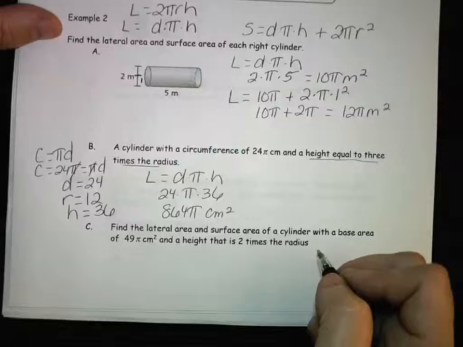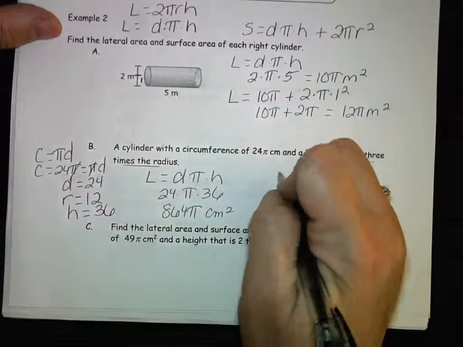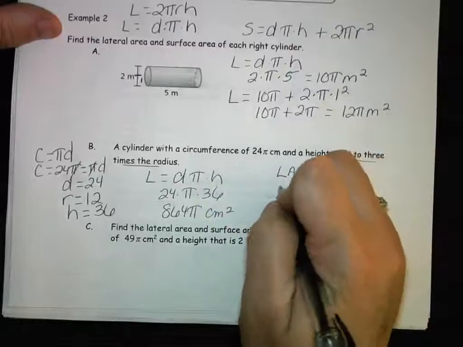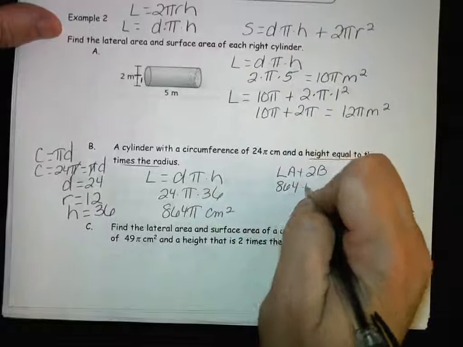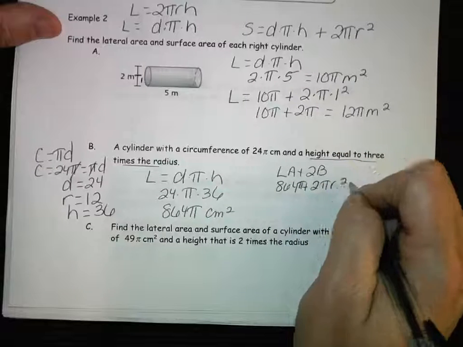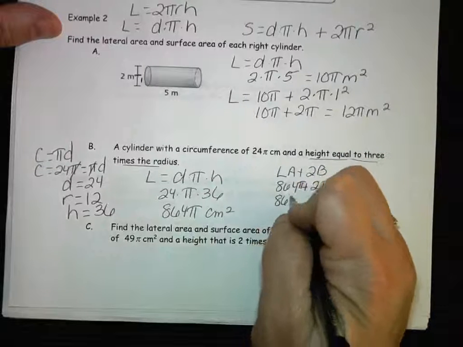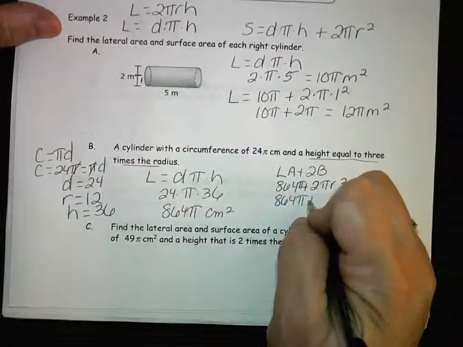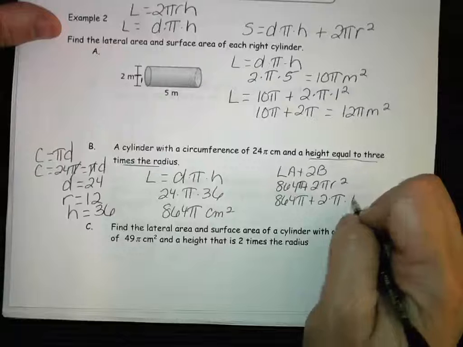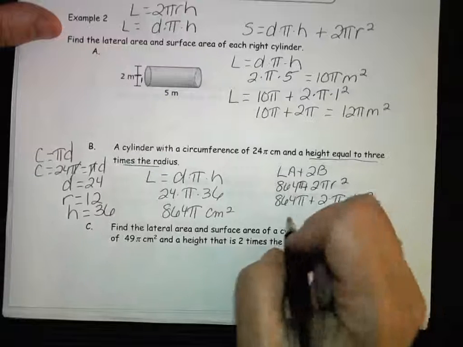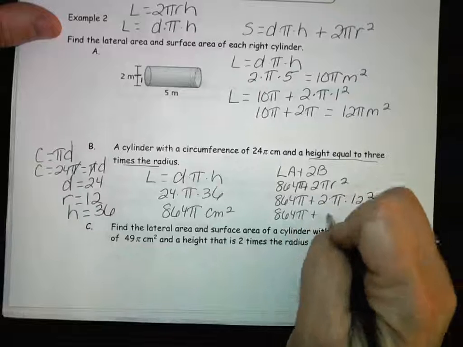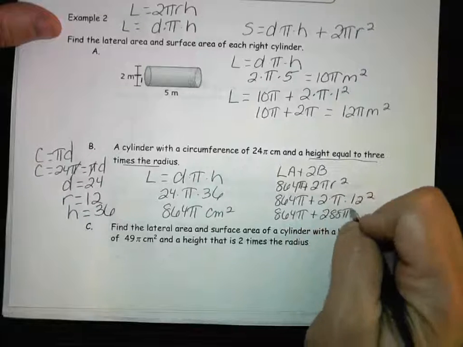And our surface area then is the lateral area plus 2 of the bases. So 864 pi plus 2 pi r squared, which becomes 864 pi plus 2 times pi times 12 squared, which becomes 864 pi plus 288 pi.